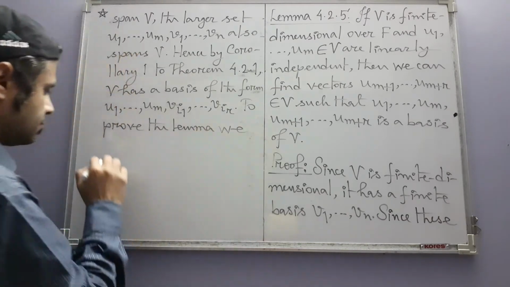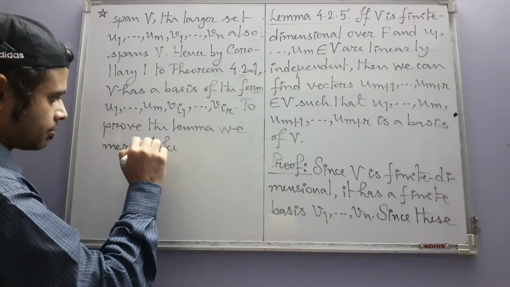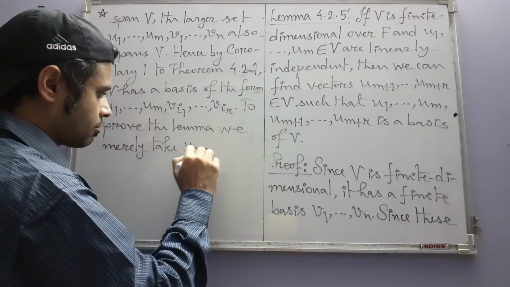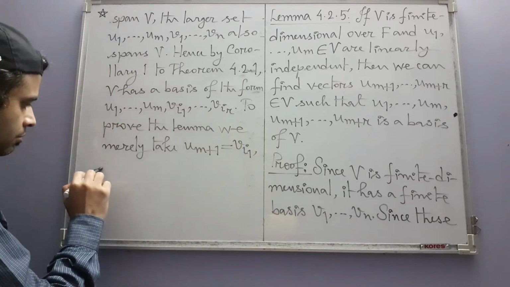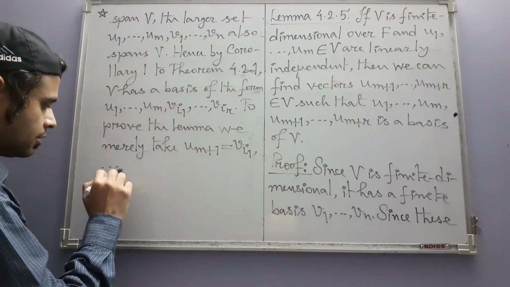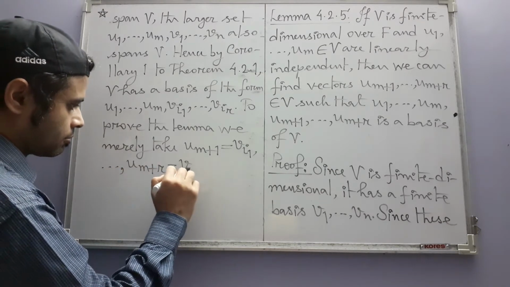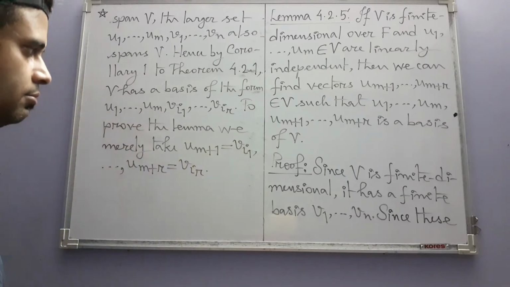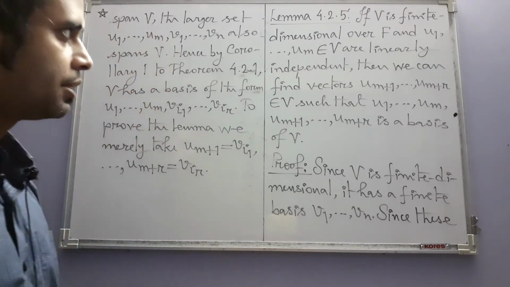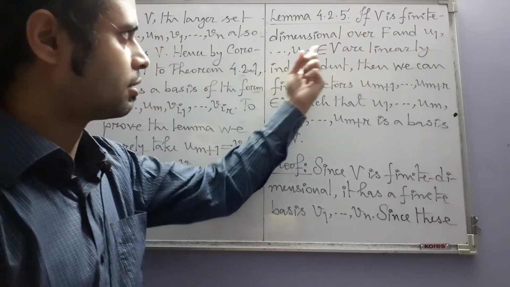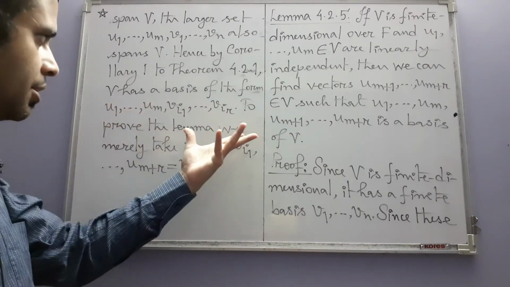We merely take m plus 1 as vi1, m plus 2 as vi2, etc. Okay, so that means our linearly independent set consisting of these m number of u's has been blown up to this basis.